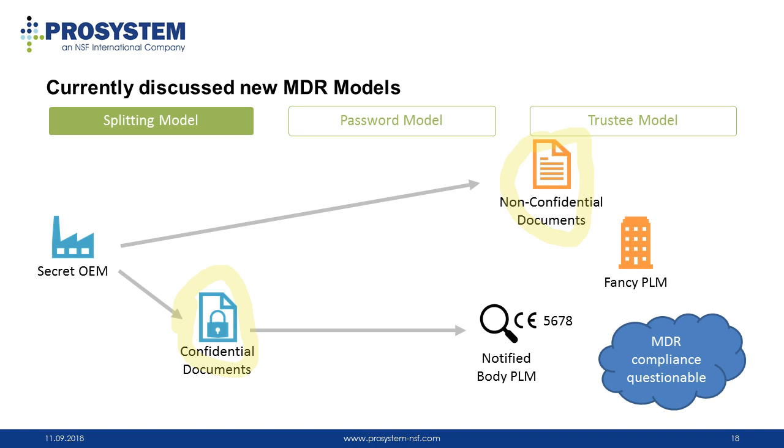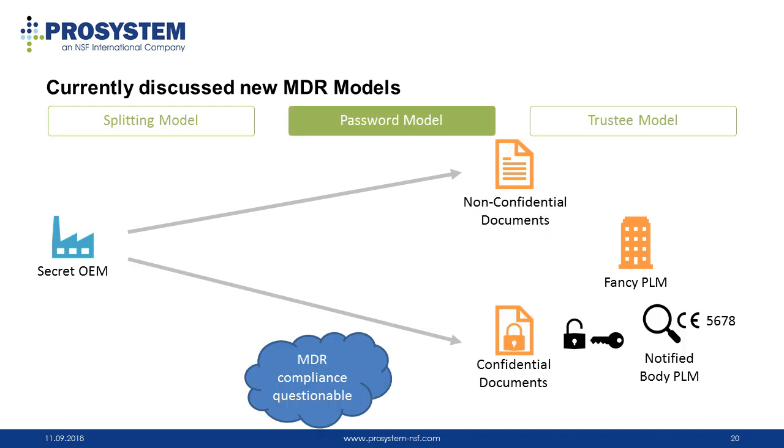So that's why this solution is at least questionable whether this will be compliant under the MDR. So it is an example or a possibility, but actually I don't think that this will be accepted later on, because this directly contradicts the expectation from the MDR that the PLM has got the documentation available or under his control.